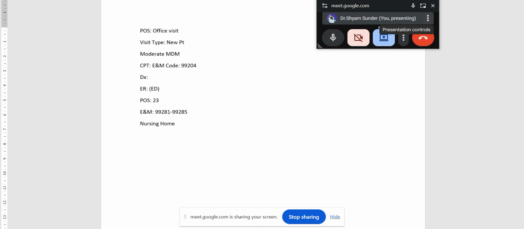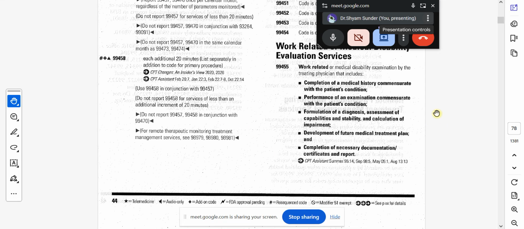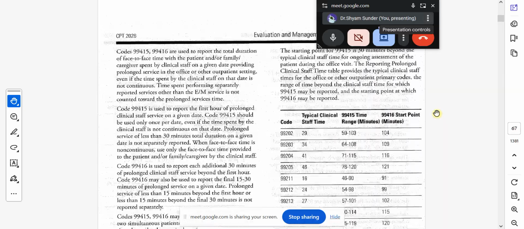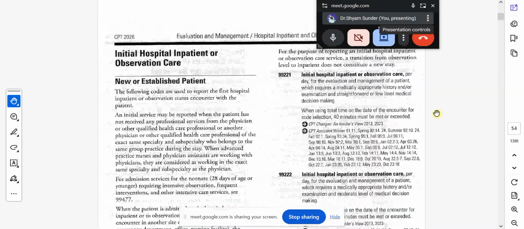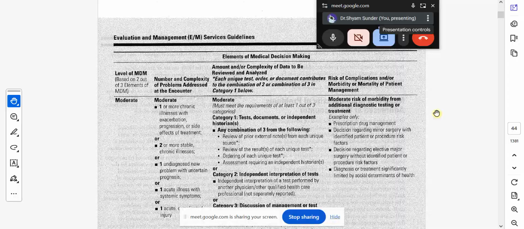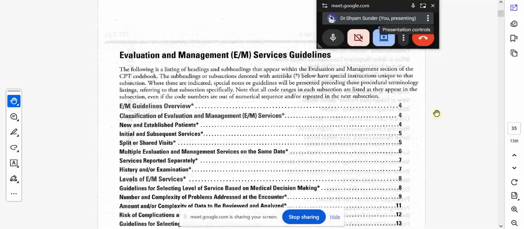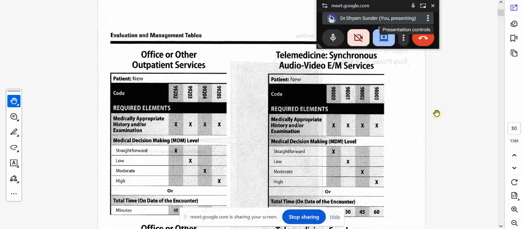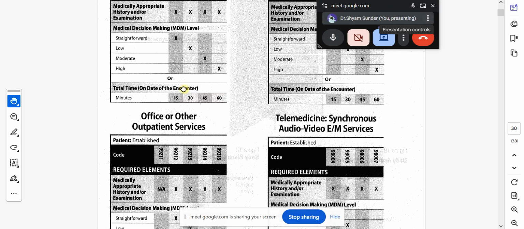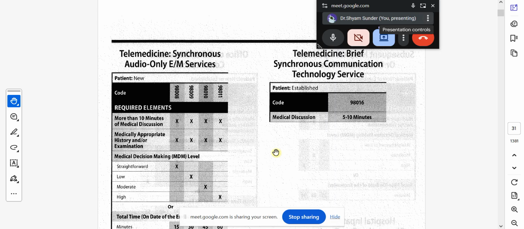And to give you quick reference, in the CPT you have these tables also. In the very beginning, they have given these tables. You can make use of these tables also. For example, for office, whether it is new or established, they have given these codes.